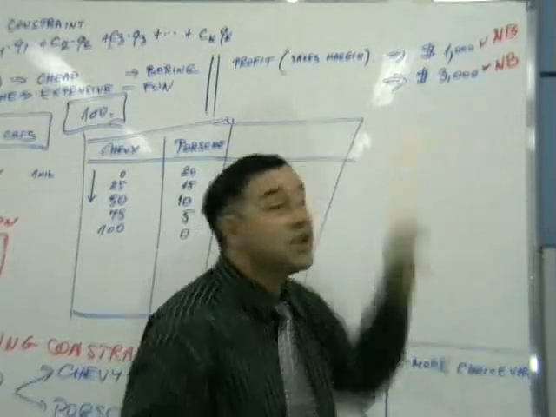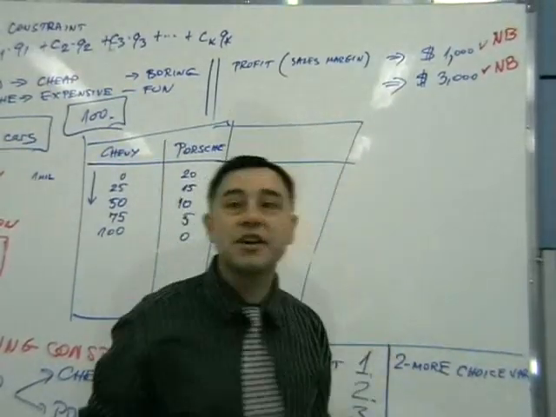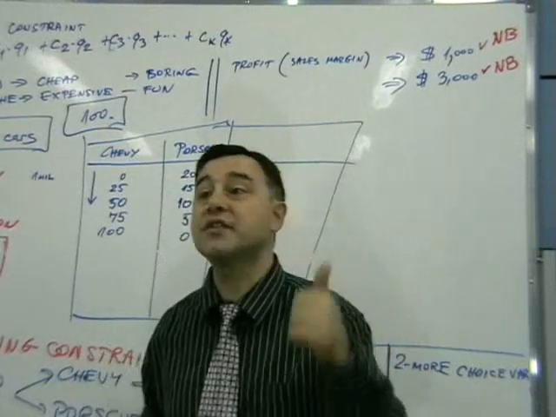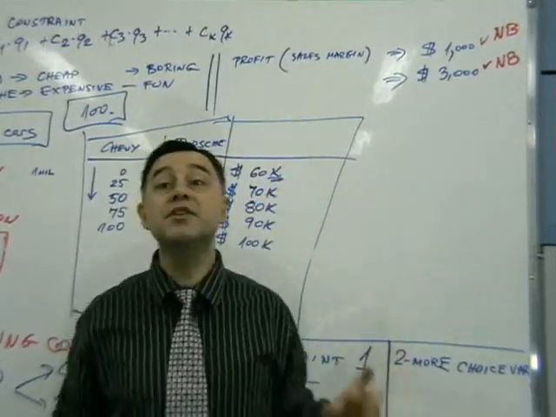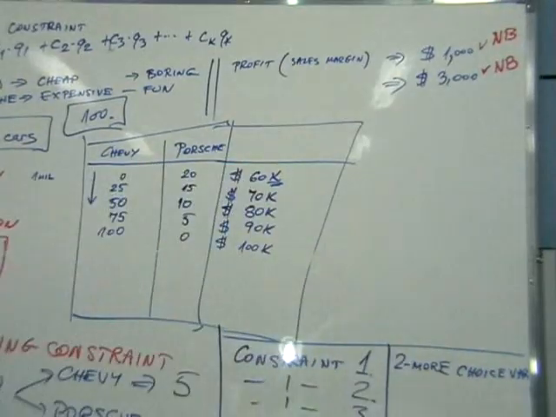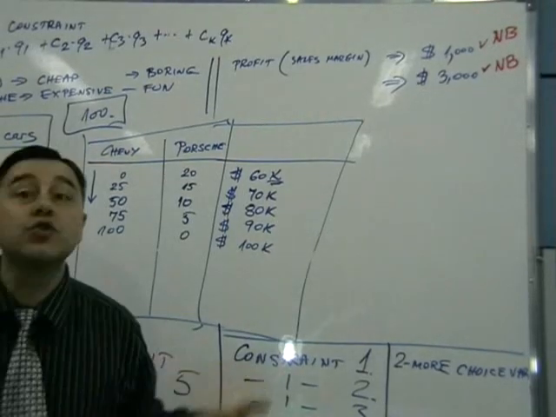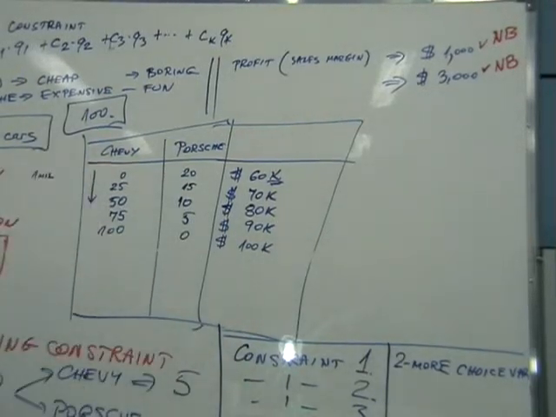Have to lower. So the idea is that in this particular case, when you have two choice variables, the optimal solution will be slightly different. And I'm looking here at page 102 for those of you that have a textbook.